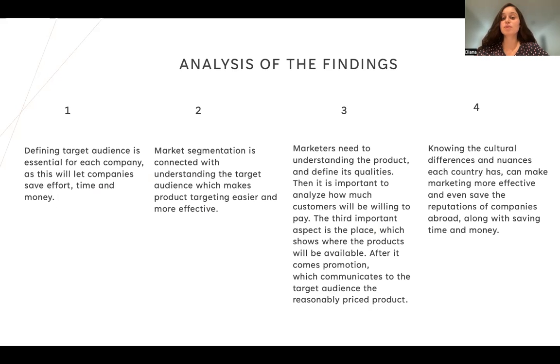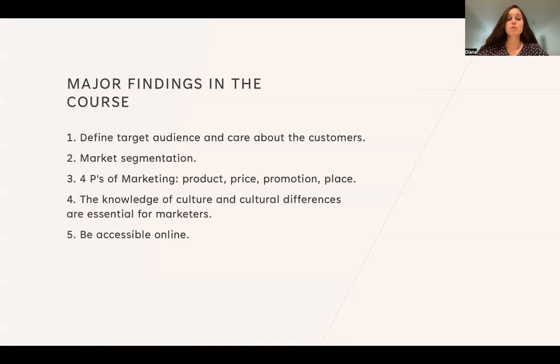And then we also understand the place, because depending on the place the price can be different, as it also shows the availability of the product. And after it comes the promotion, which communicates to the target audience the reasonably priced product.